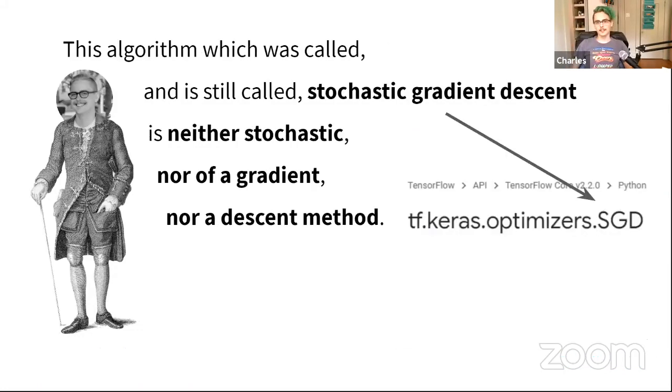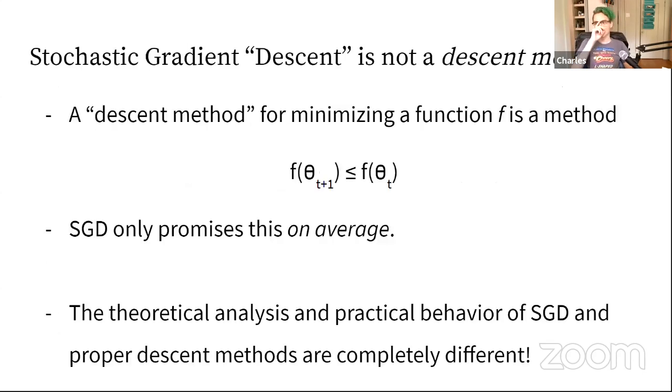So my update to that is that this algorithm, which was called and is still called stochastic gradient descent, is neither stochastic nor of a gradient nor a descent method. So the first part: stochastic gradient descent is not a descent method.